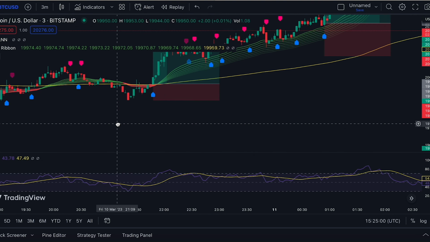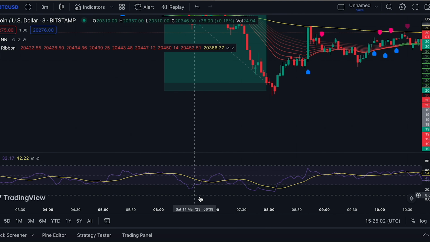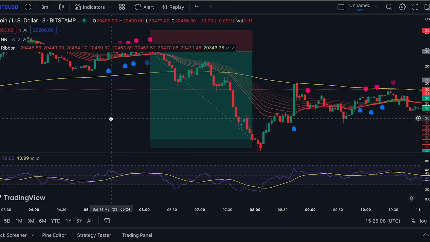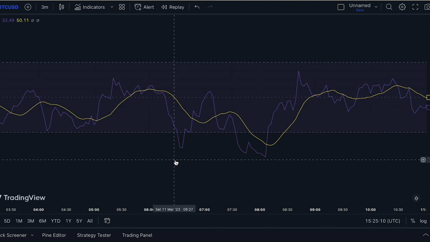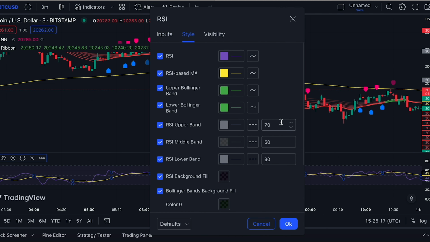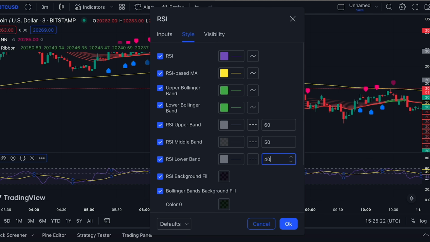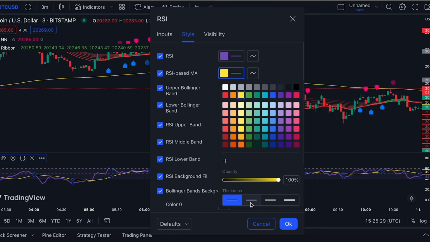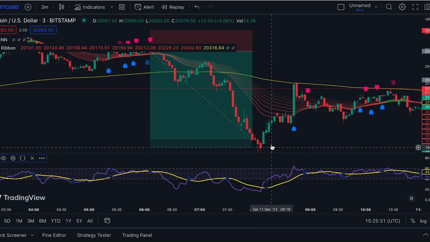The exponential moving average ribbon is a trading indicator used to determine the direction and intensity of a trend in the market. It is made up of several exponential moving averages plotted on a price chart. Plotting multiple exponential moving averages with various time periods, usually between 5 and 100 periods, results in the EMA ribbon. The moving averages are then stacked on top of one another, giving the chart the look of a ribbon.